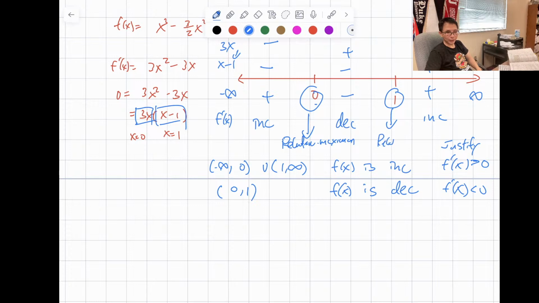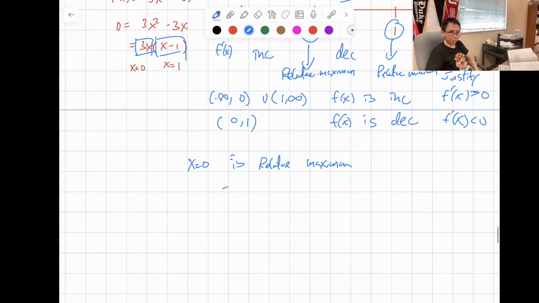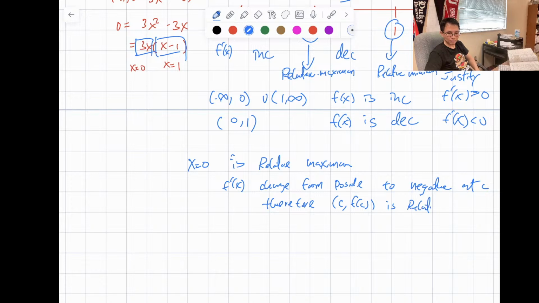So if I say x equal to 0 is a relative maximum, and the AP exam says justify that it's the maximum, you're gonna say f prime of x changes from positive to negative at c. Therefore, c comma f of c is a relative maximum. And that's what you're gonna write on the AP exam as justification.